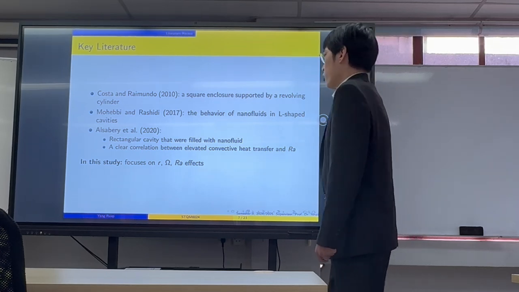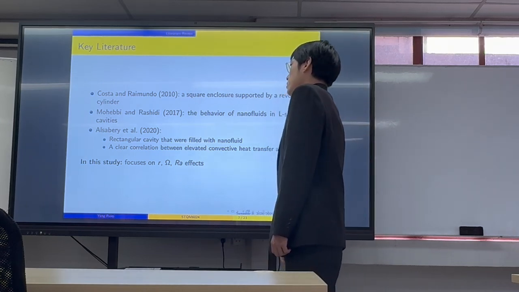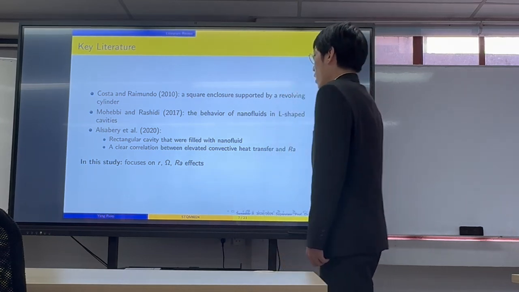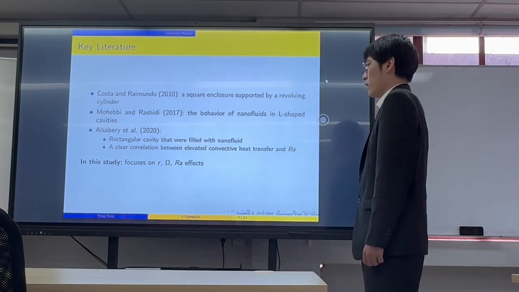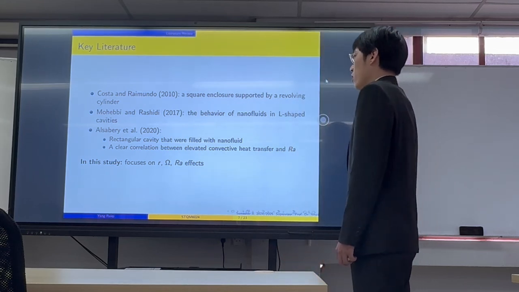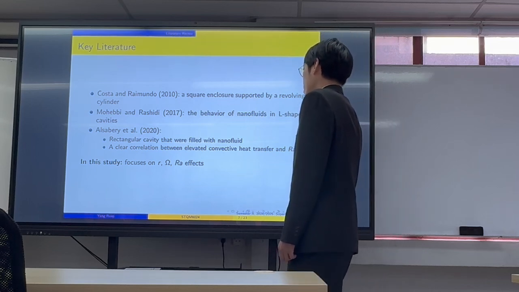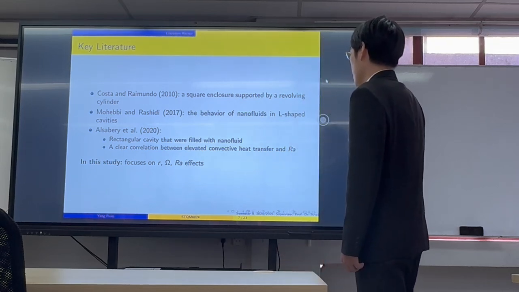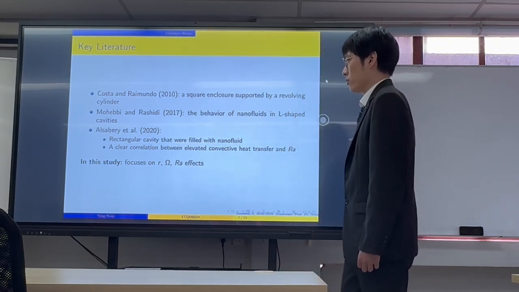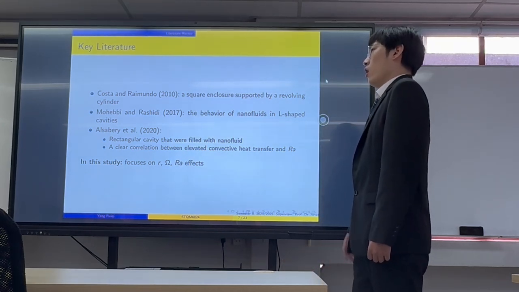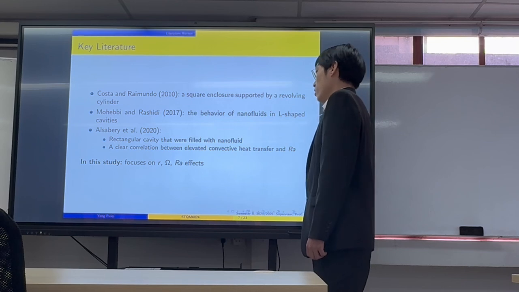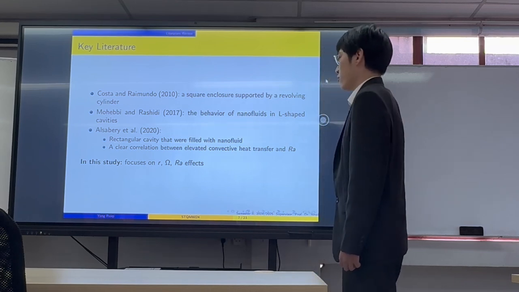And Ashorynejad et al. studied a rectangular cavity filled with nanofluid and found a clear correlation between elevated convective heat transfer and Rayleigh numbers. Therefore, this study focuses on radius, angular velocity, and Rayleigh number effects.